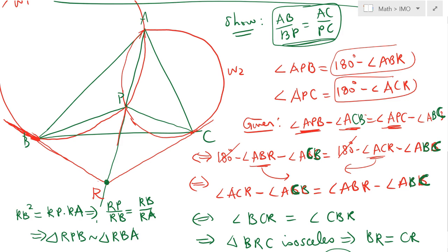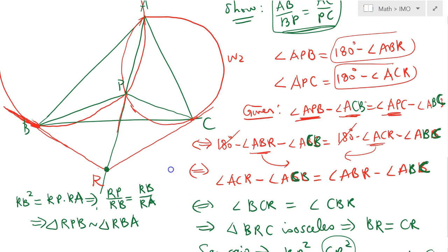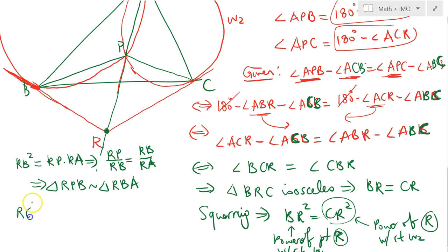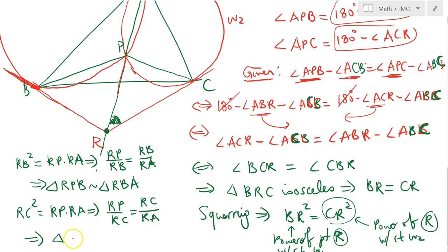In a similar way, if you apply power of a point R with respect to the second circle, RC square is equal to RP times RA, implying that RP over RC is equal to RC over RA. Again, we have from this and the fact that one angle is the same, so side angle side, we get the triangle RPC is similar to triangle RCA.